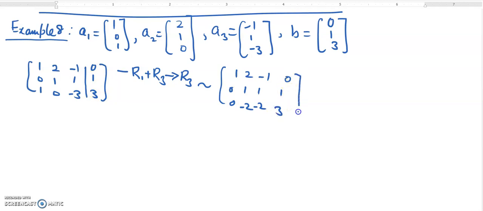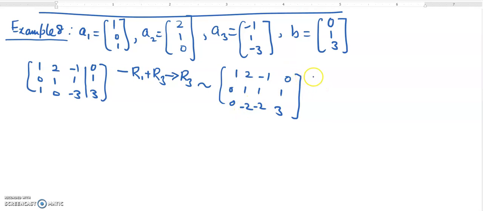And now I can make this 0. Or what I can do is divide the last row by minus 2, or I can make it 0 as well.